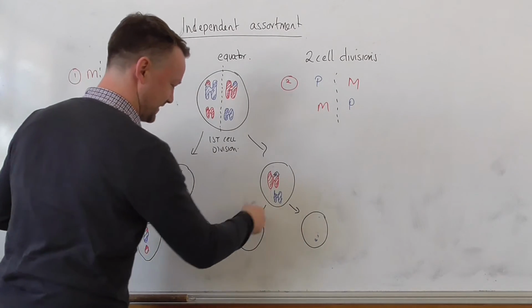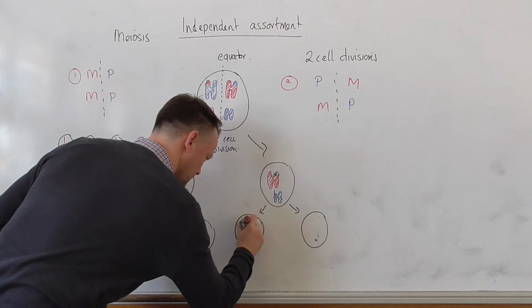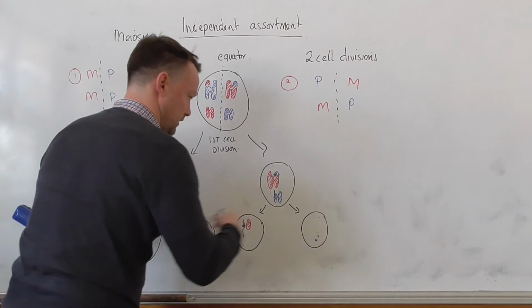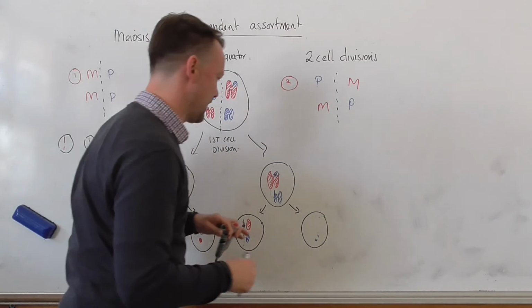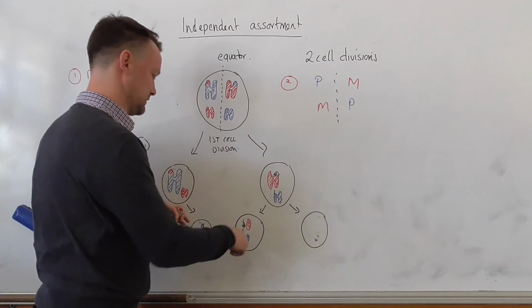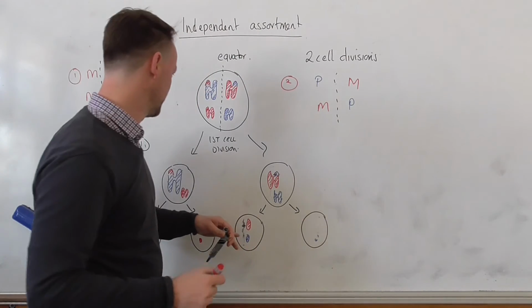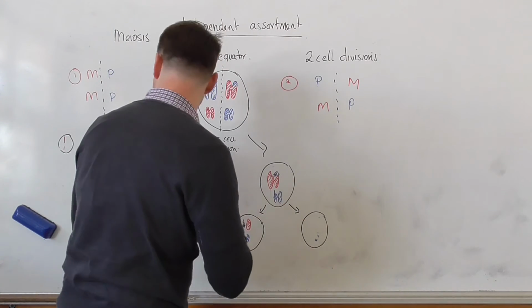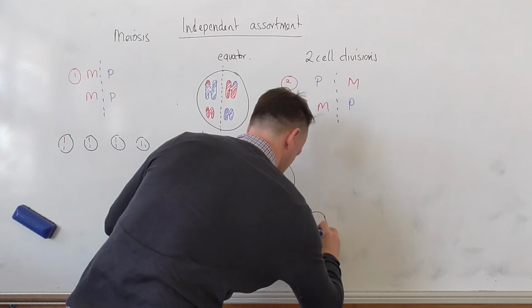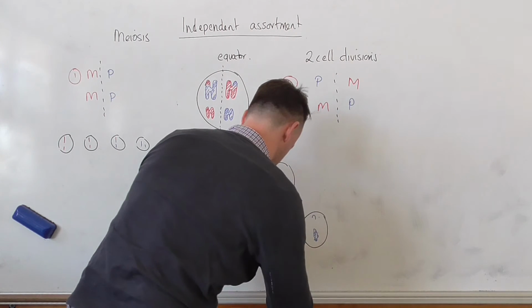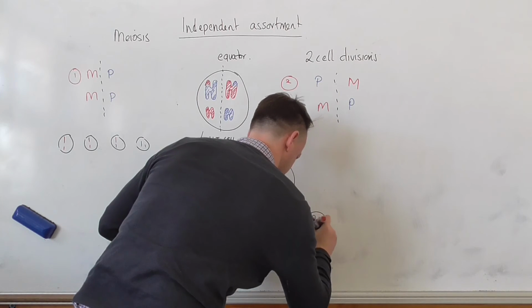And then the left-hand side ends up in here. The left-hand side of this one ends up in here. Half of the chromosome number, so half of each homologous pair ends up in the gamete. And in this case here, we end up with that, a little bit of that, and that.